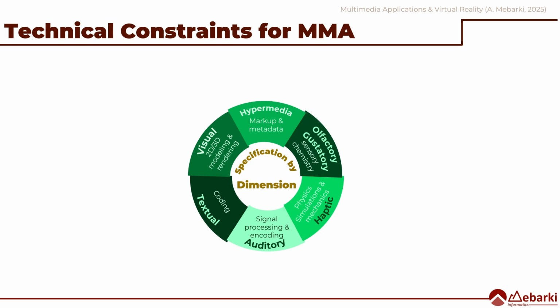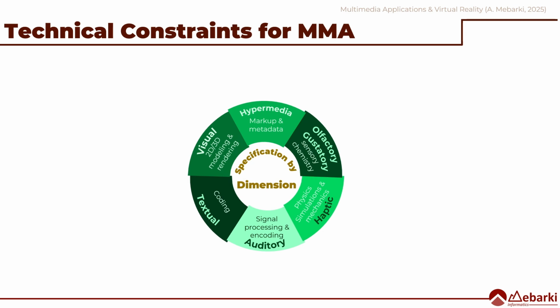Each of these dimensions requires its own technical expertise, but the real challenge of multimedia design lies in synchronization, making sure that text, visuals, sounds, and tactile feedback merge into one coherent, seamless experience. That's the essence of a well-designed MMA, a symphony of senses orchestrated by technology.